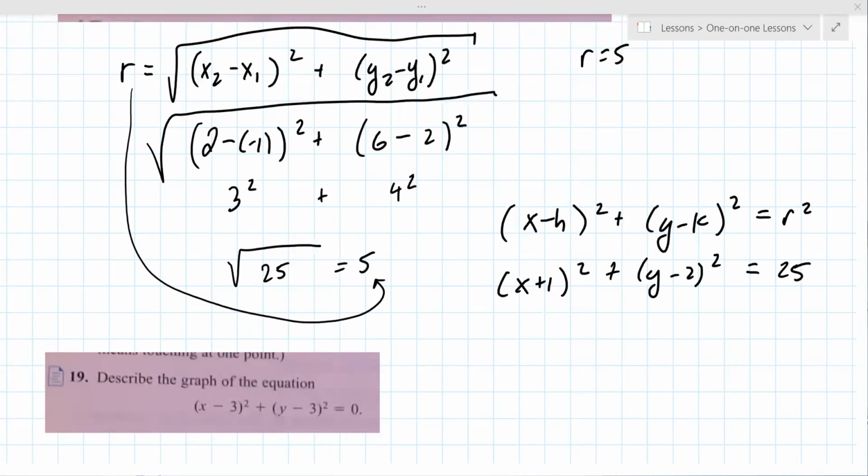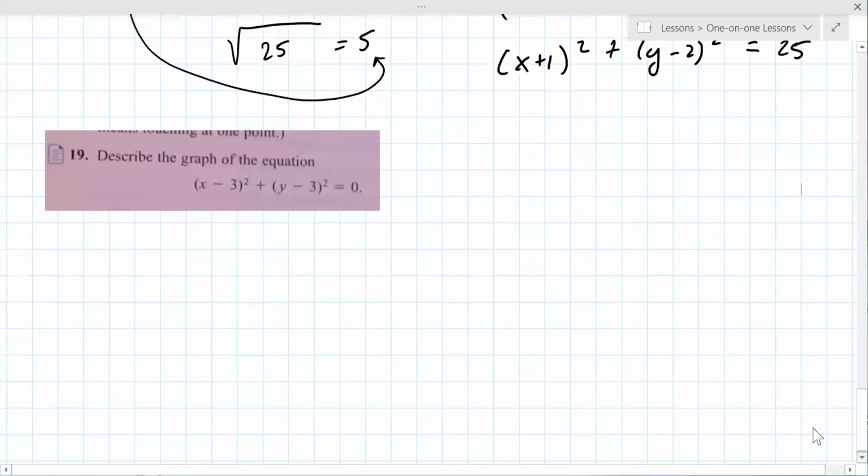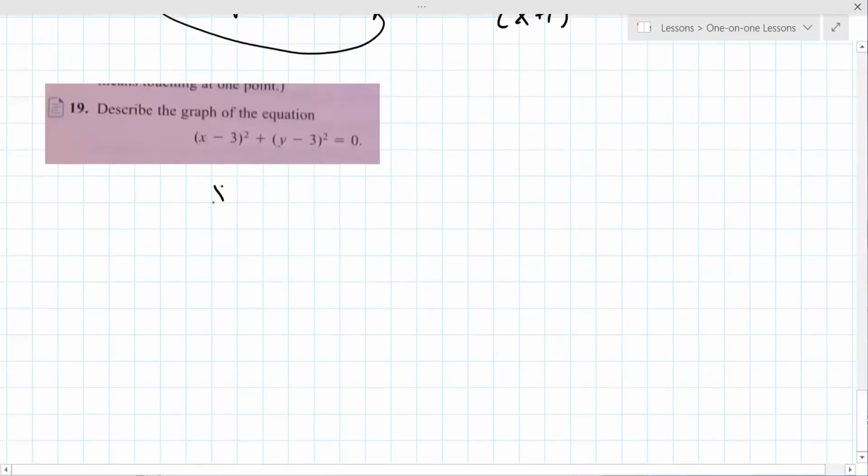And if you do this, you're going to see there is only one place where this is true. Believe it or not. You might be thinking, what are you talking about? Well, when x is 3 and y is 3, that's the only time this can equal 0.